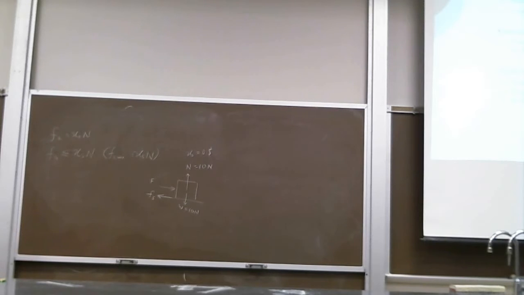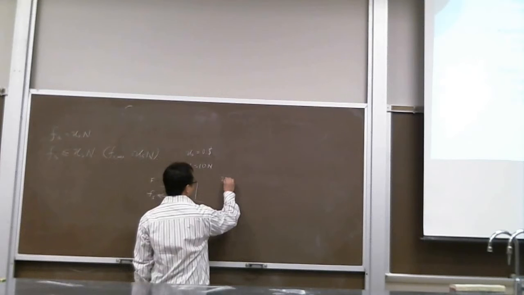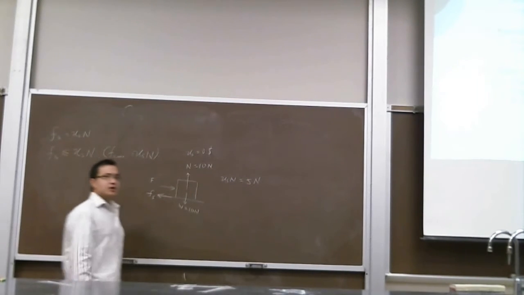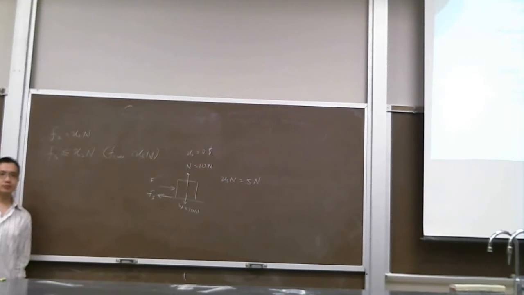So can you give me the magnitude of the static frictional force? Is it possible to get the value in this case? Yes. What's that? Mu s times N equals 5 Newton. Is that the static frictional force here?